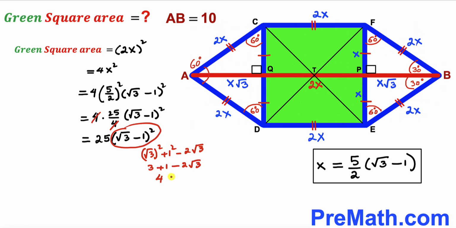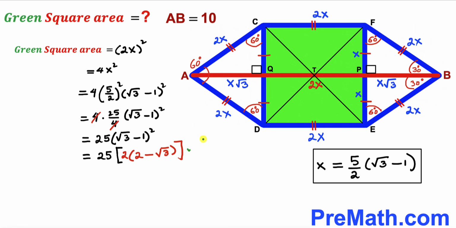That is going to give us 4 minus 2 times the square root of 3. And here we can see 2 is in common, so I can factor out 2 times 2 minus the square root of 3. So therefore this part has been simplified to 2 times 2 minus the square root of 3, as you can see in this next step.